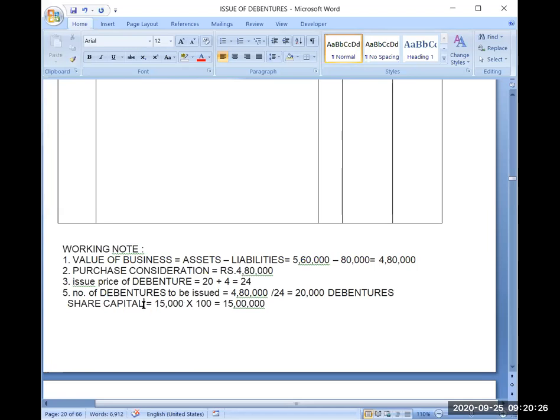Now debentures amount will be 20,000 into 20.